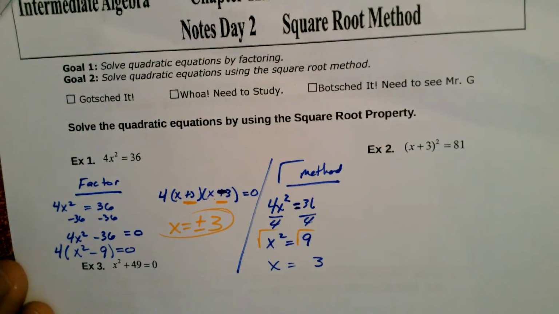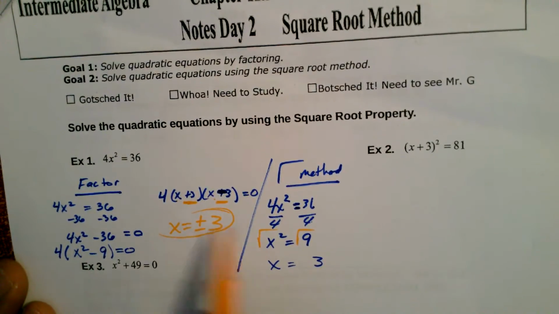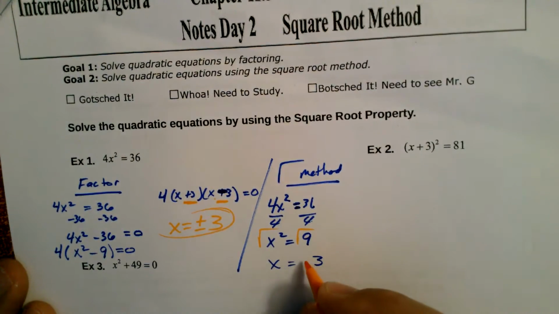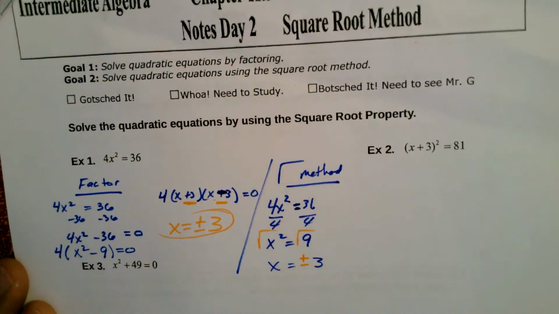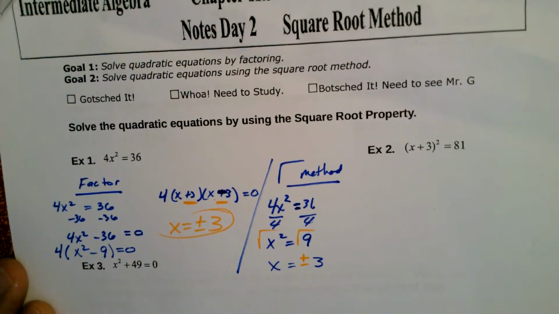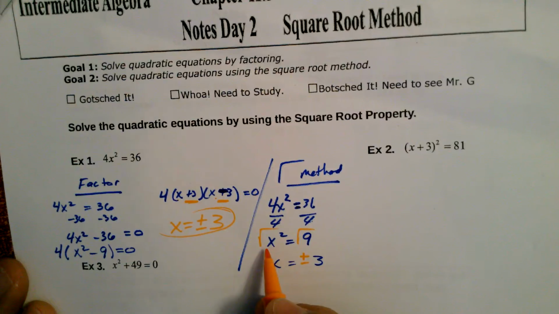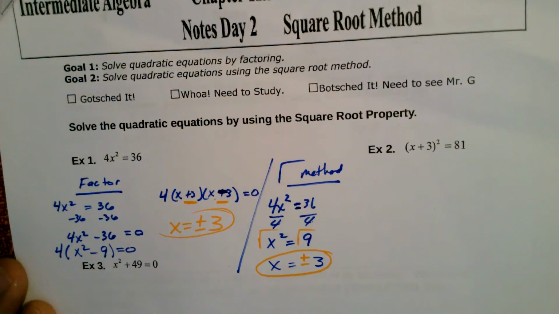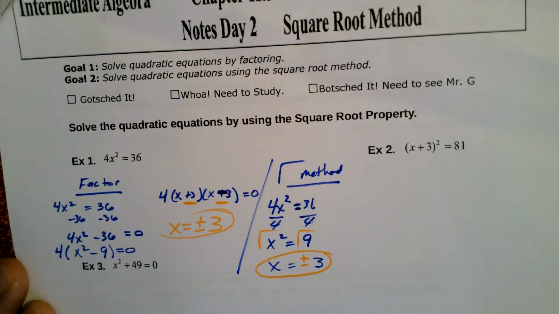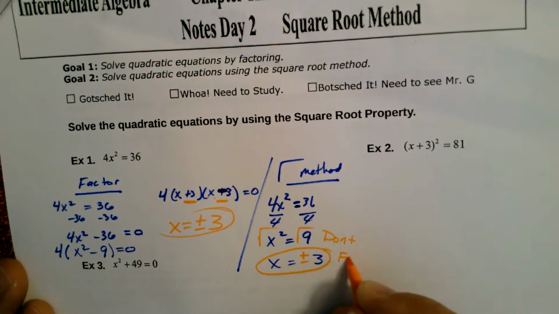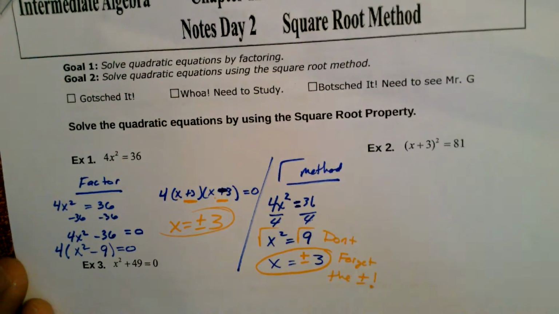Now, to make sure that we get both answers, the little trick here is anytime you square root both sides, you must include a plus or minus. That will guarantee that you'll get the 2 answers we're looking for. Everybody forgets that, so Mr. Gotch will always say in class, don't forget the plus or minus.